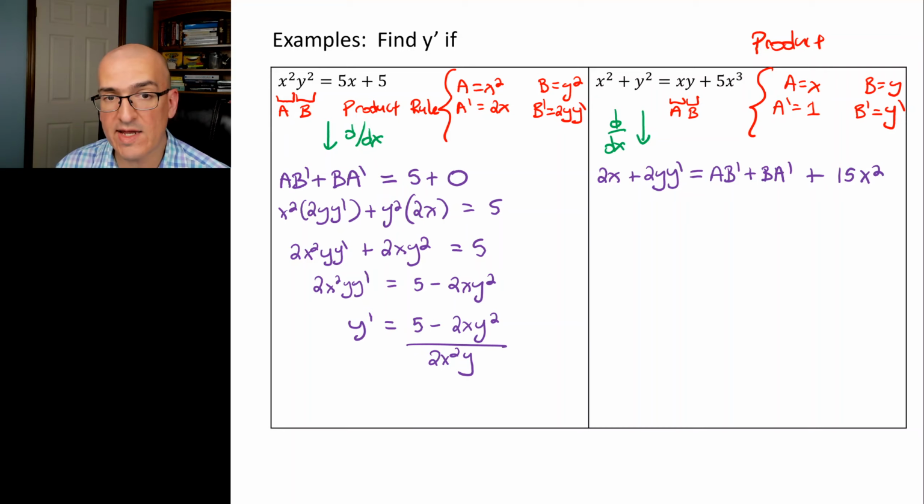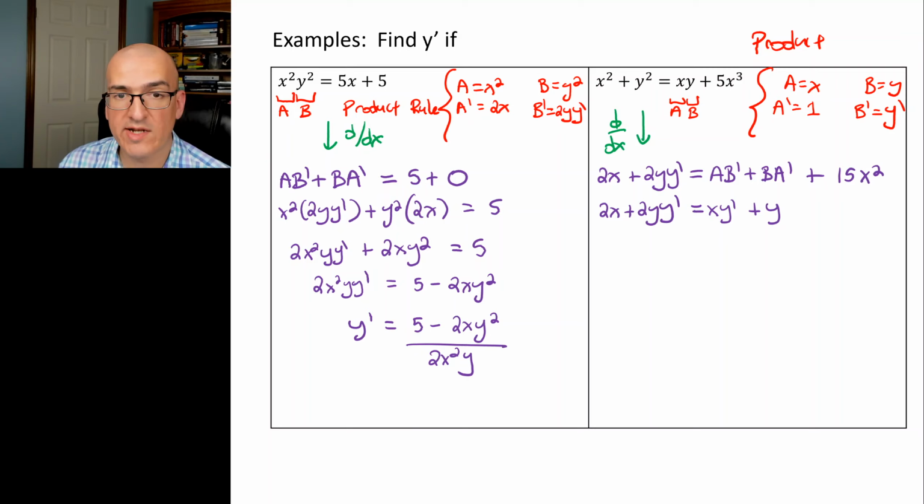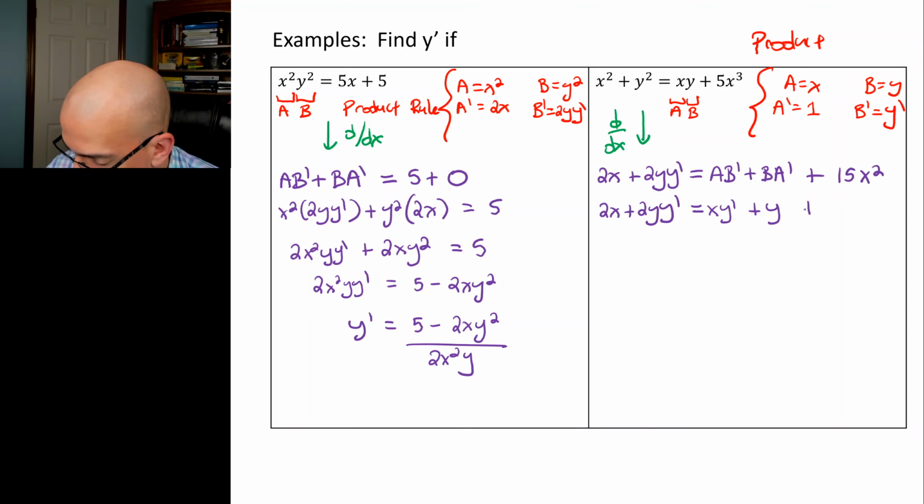Now I'll plug in the a prime, b prime. So 2x plus 2y y prime is equal to xy prime plus y. Since a prime is 1, y times 1 is just y, plus 15x to the power of 2.